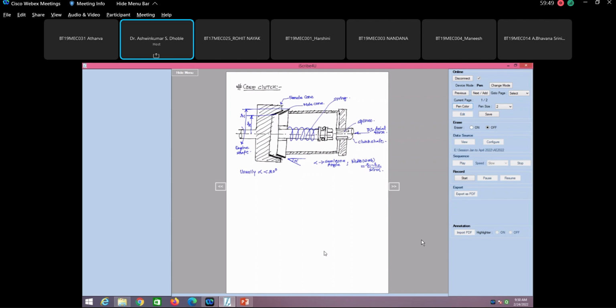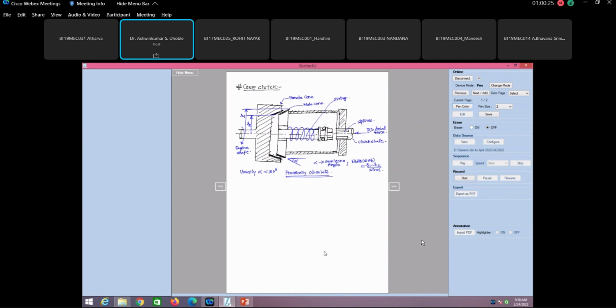Okay, so the problem is the effectiveness of the clutch, that is, the cone clutch is practically obsolete, because due to frequent engaging and disengaging, there becomes a clearance, so that there will not be any proper contact between the wedges.